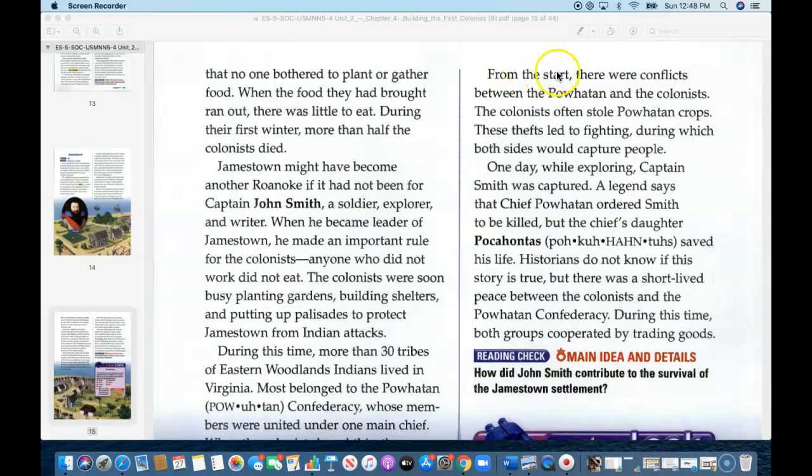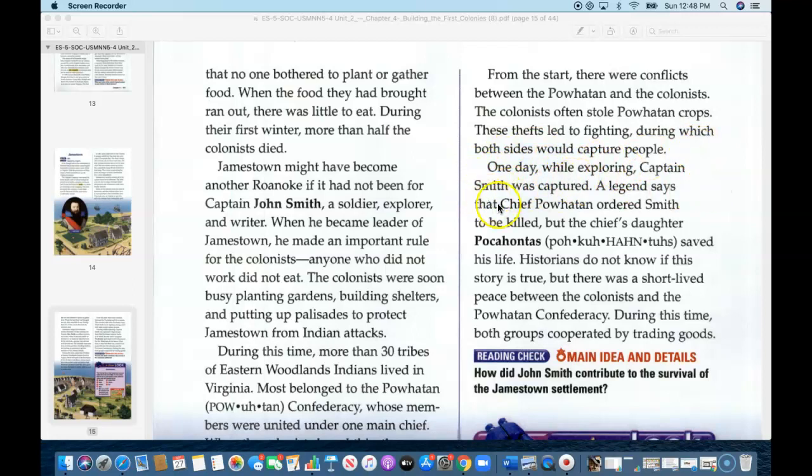From the start, there were conflicts between the Powhatan and the colonists. The colonists often stole Powhatan crops. These thefts led to fighting, during which both sides would capture people. One day, while exploring, Captain Smith was captured.